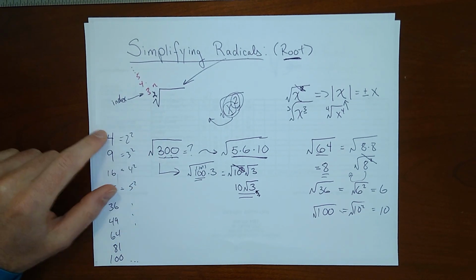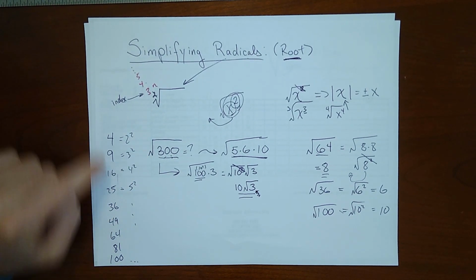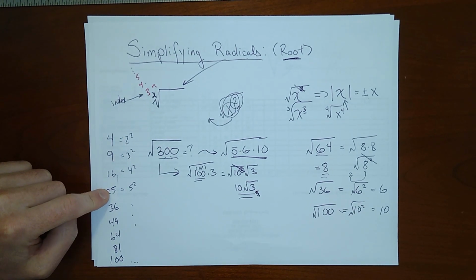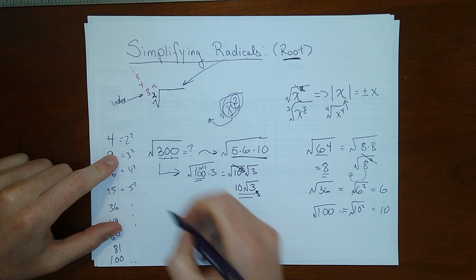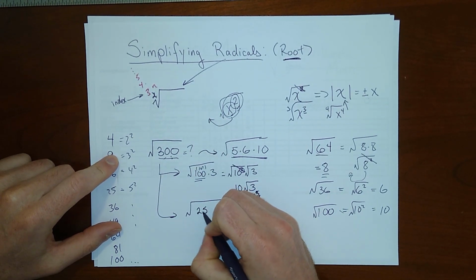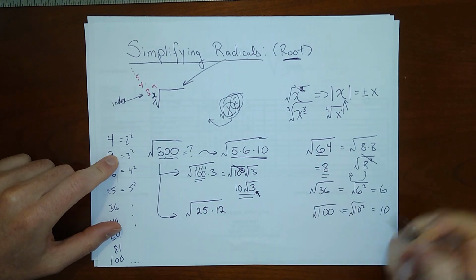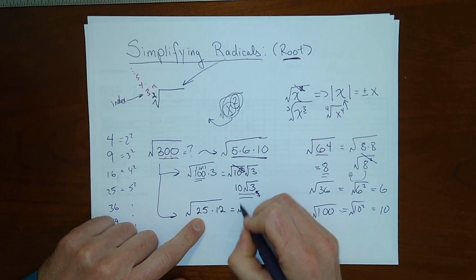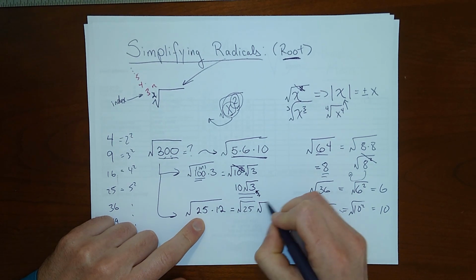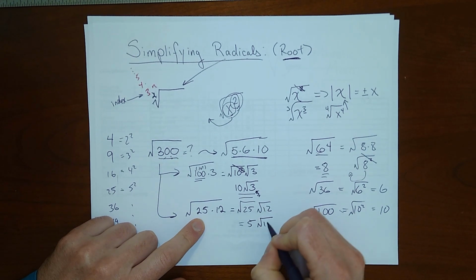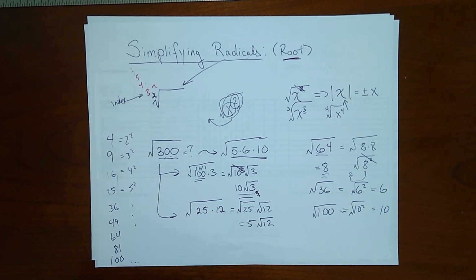Well, yes, 300 is divisible by some other perfect squares as well. 4 and 25, for example. 300 can break into 25 times 12. 25 is 5 squared. So that becomes 5 square root of 12.